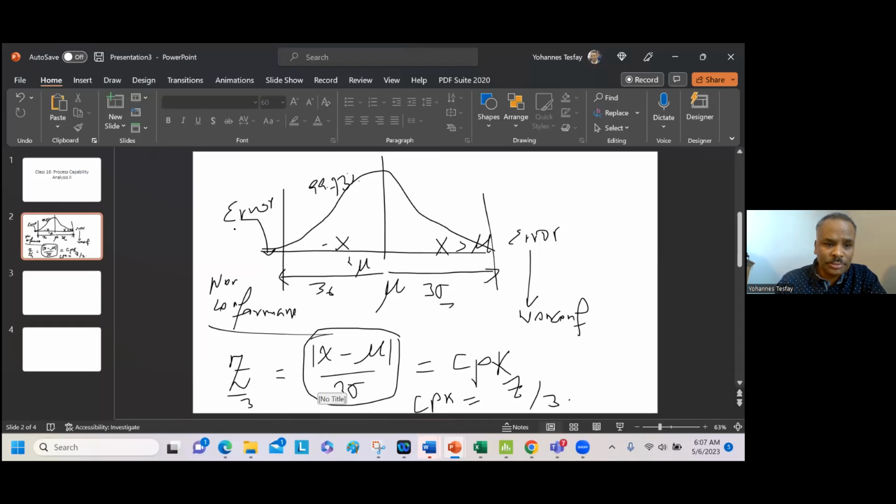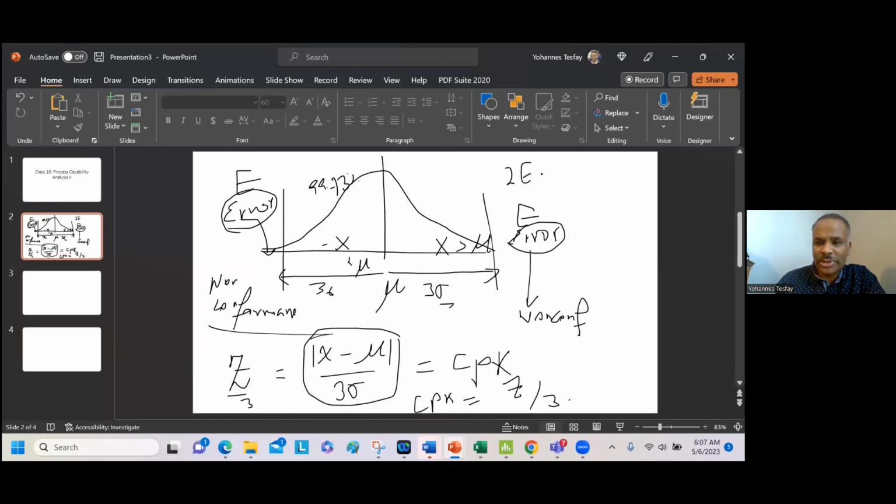Here, error and error, like the two errors, let's say E, and this is E. If it is a centered process, then E plus E is 2E.